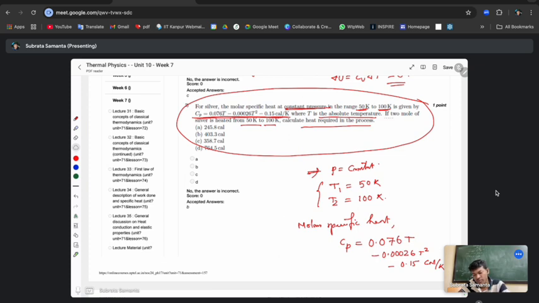If 2 mole of silver is heated, so n equals 2, the number of moles, from 50 Kelvin to 100 Kelvin, again the same temperatures, calculate the heat. These are the data given in the problem, and you have to calculate the required heat using this data.